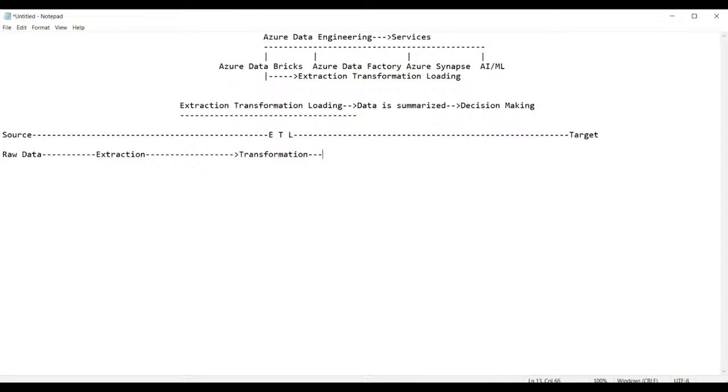Once the transformation is done, the data is finally prepared and loaded into the target, that is called the destination. Getting my point? Now, this is a bit technical. I want to simplify it and explain it to you.